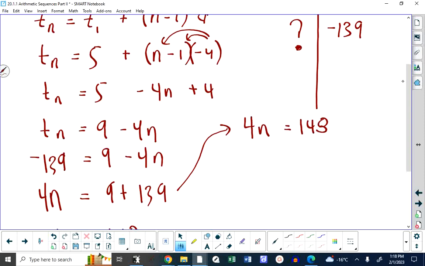But never go equals, equals, equals, equals, equals left to right. Divide both sides by 4, I get 37. Is that right? 37? Okay. So n is 37. That means there are 37 terms in the sequence. Any questions with that one?